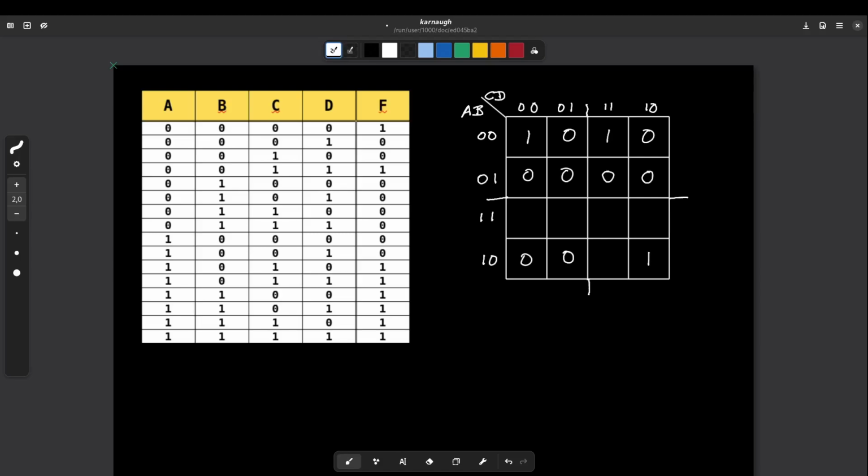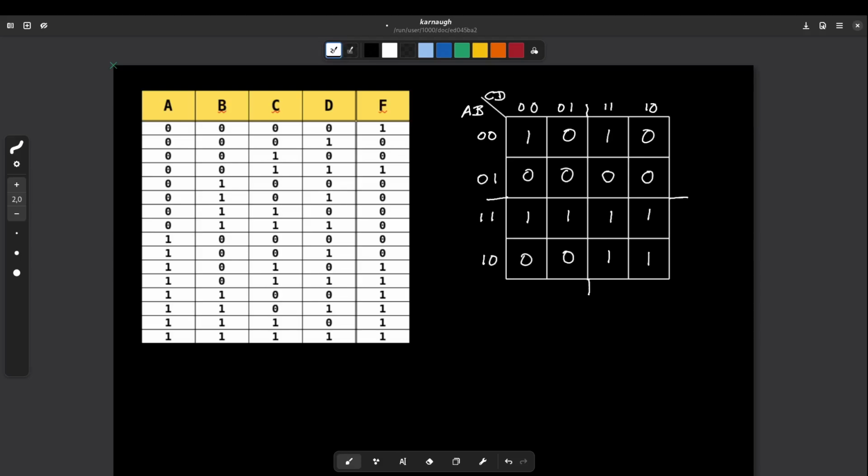And 1011 equals 1. And for the last row, for the value 1100, the function equals 1. For 1101, the function equals 1. For 1110 equals 1, and for 1111 equals 1.